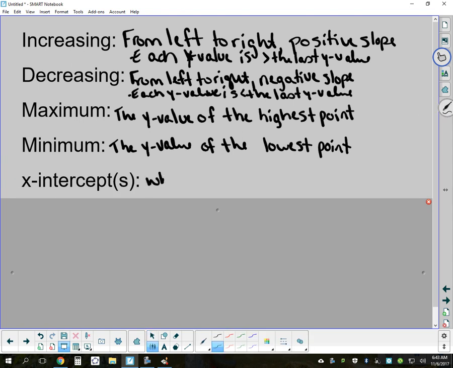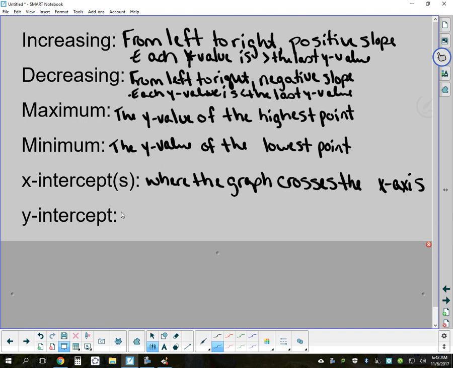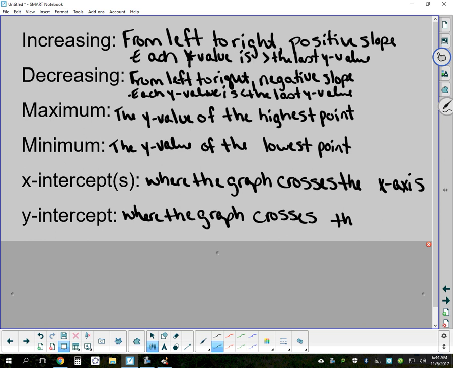X-intercepts, we already know, are where the graph crosses the x-axis. And y-intercept is where the graph crosses the y-axis. Notice for x-intercept, I put an S on it in parentheses because there could be more than one, but I did not do that for y-intercept.